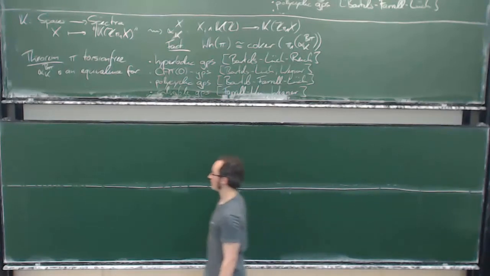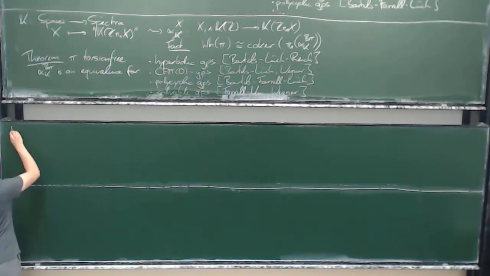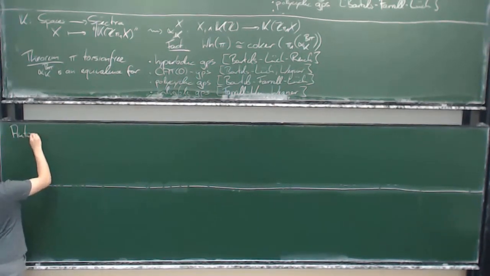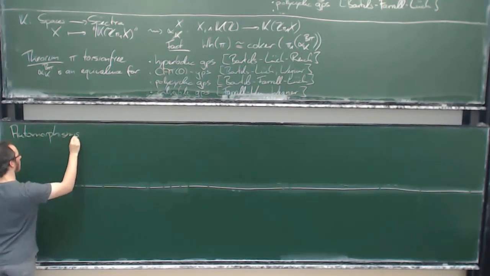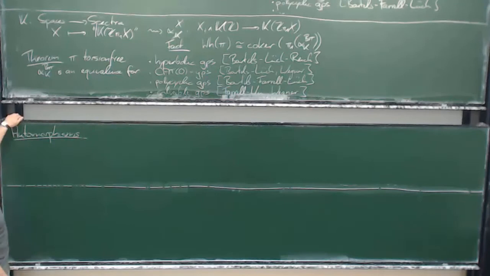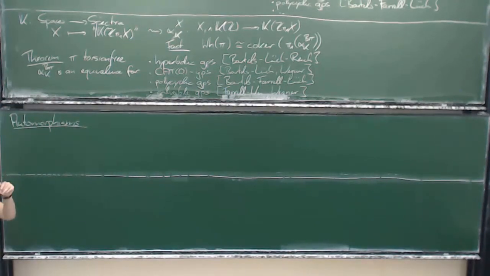Automorphisms it is then. So the first thing that one has to worry about is what is actually the question that one would like to answer when we want to speak about automorphisms of manifolds.